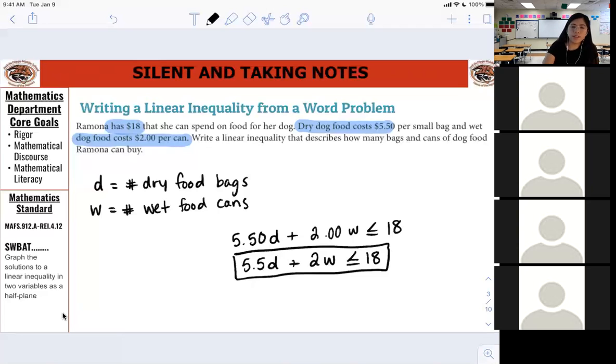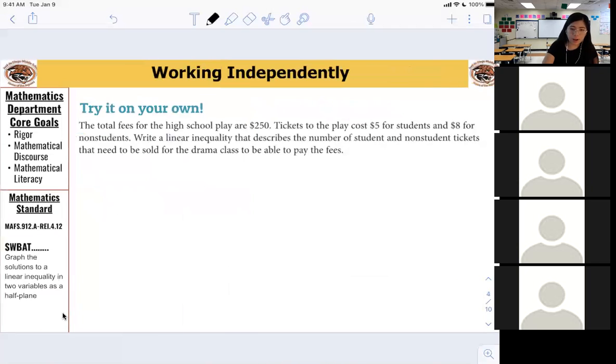All right. Can I move on? All right. So the next one is all for you, all on your own, okay? Here we go. Try it on your own. Write the inequality that represents this scenario. Like I said before, I want you to read it very carefully so that you pick the correct symbol to use.